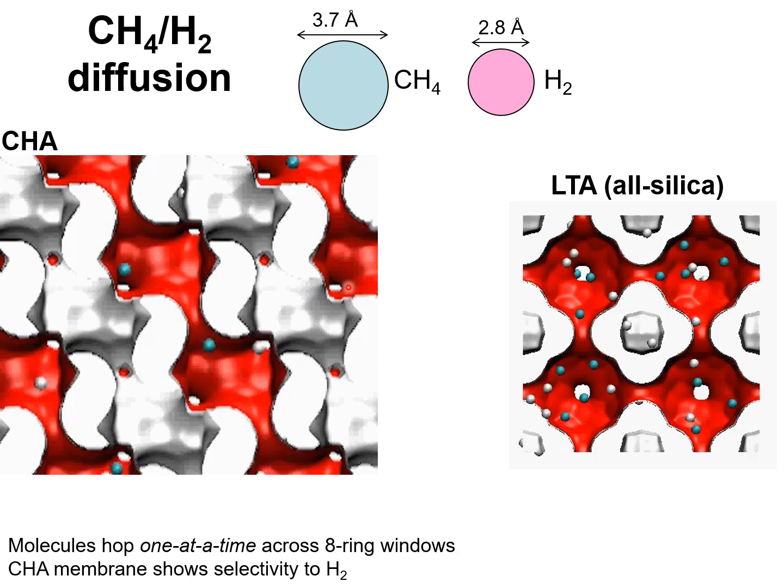Let's look at animations showing the diffusion of mixtures of methane and hydrogen in chabazite and LTA zeolites. Hydrogen is a significantly smaller molecule and can undergo intercage hopping more easily than its partner methane.